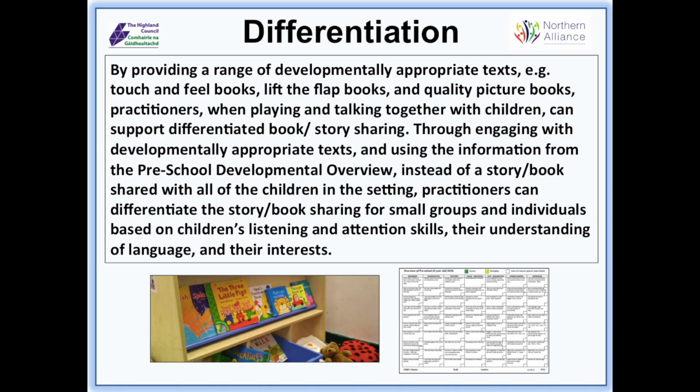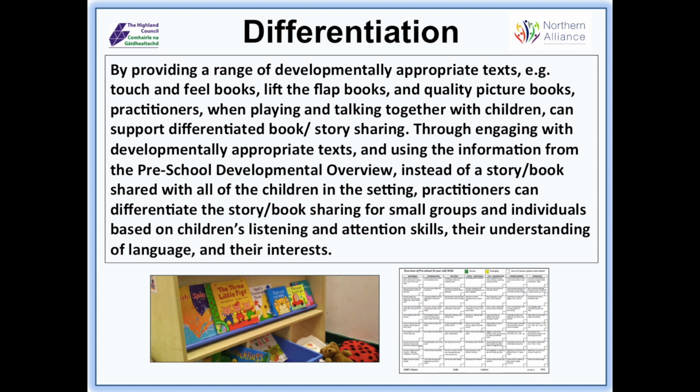By providing a range of developmentally appropriate texts, for example, touch and feel books, lift the flap books, and quality picture books, practitioners, when playing and talking together with children, can support differentiated book and story sharing.